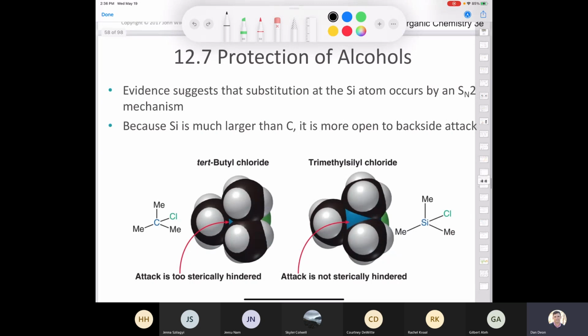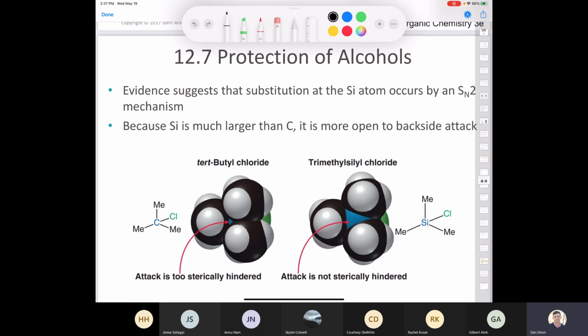Well, the reaction between the silicon atom in the trimethylsilyl chloride occurs by an SN2 mechanism. And the reason why it can happen, because if you look at this, you think, well, I can't do an SN2 on this, right? That's a tertiary alkyl halide. Why should I be able to do an SN2 on a tertiary silicon halide? The reason is because silicon is so much bigger.